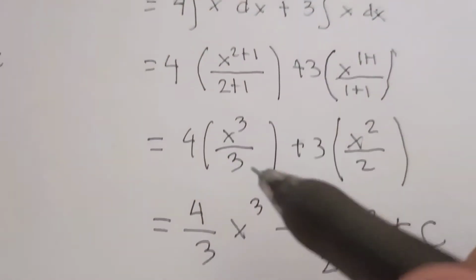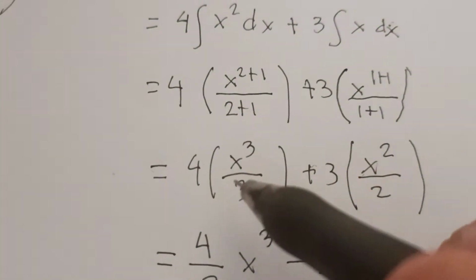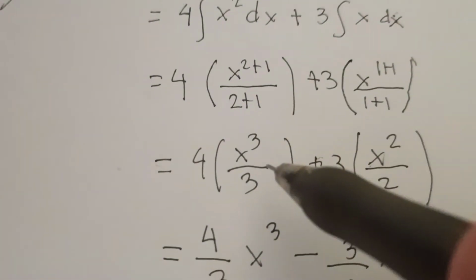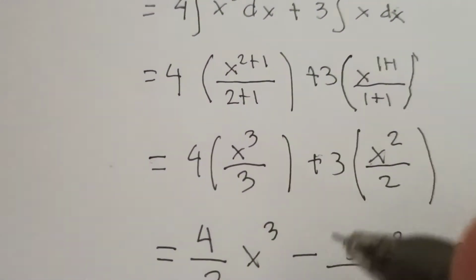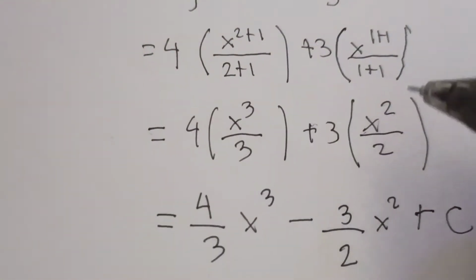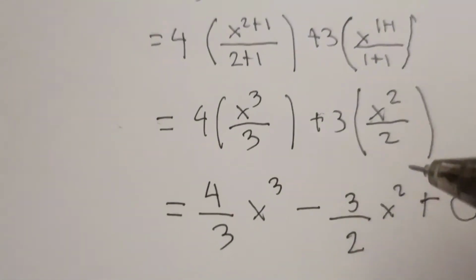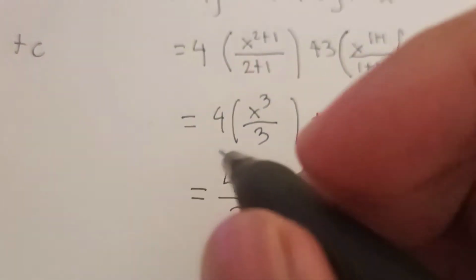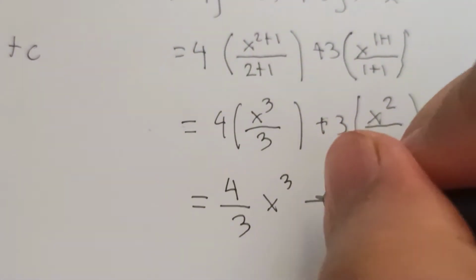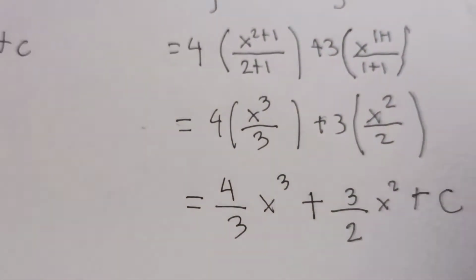And now here's the finished product: 4 open parenthesis x cubed over 3 close, plus 3 x squared over 2. Now we're going to convert this to the final answer. Oh, extra mistake in here.